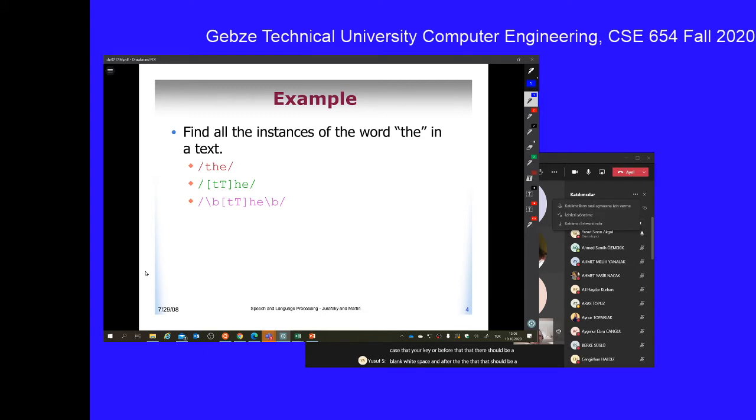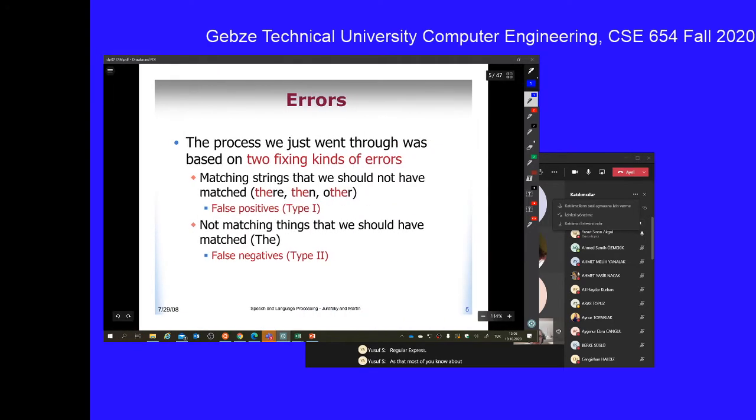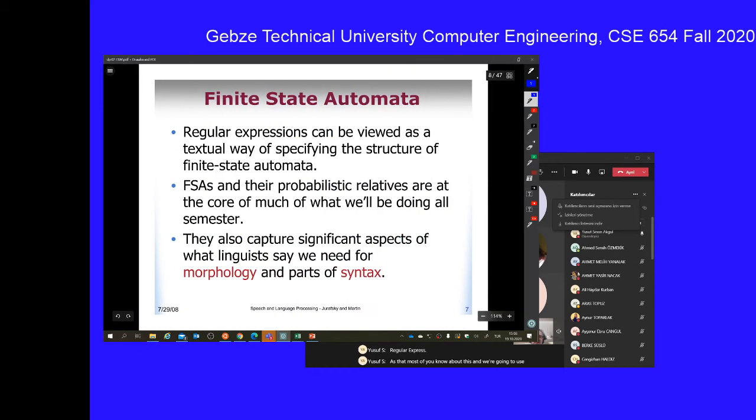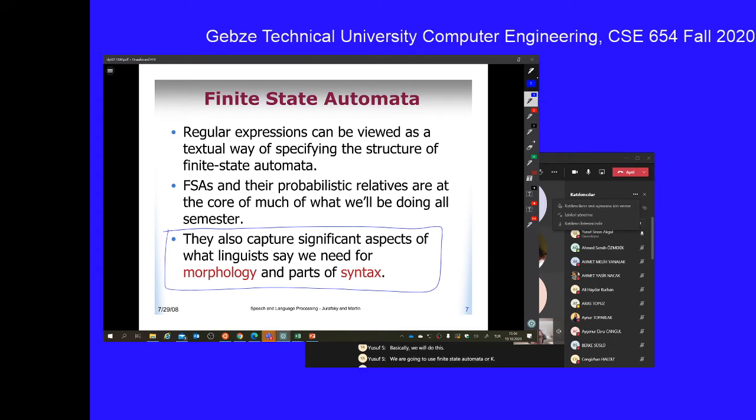Regular expressions are like, for example, I like to find the word the, but the first letter could be either lowercase t or uppercase T, or before the there should be a blank white space, and after the there should be a white space, etc. These are all regular expression stuff, and most of you know about this. We are going to use finite state automata to make morphological analysis of words. What do I mean by morphological analysis?